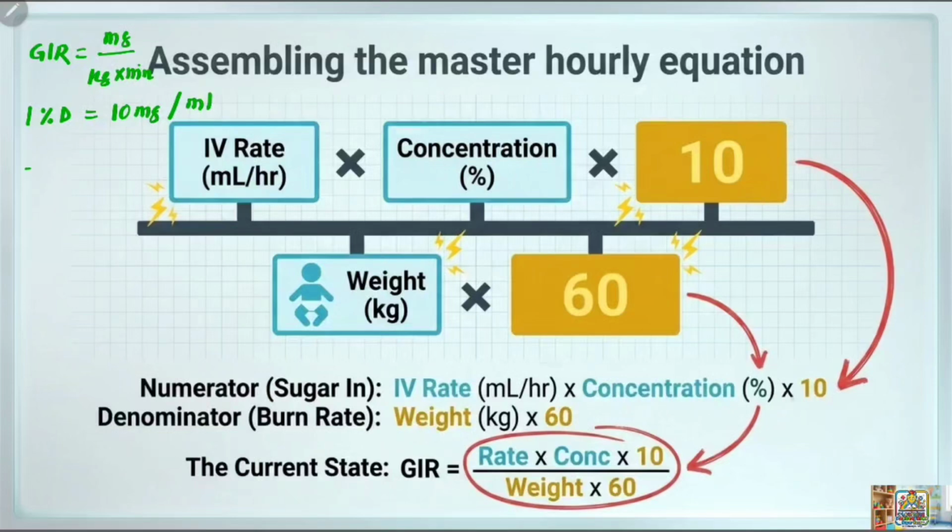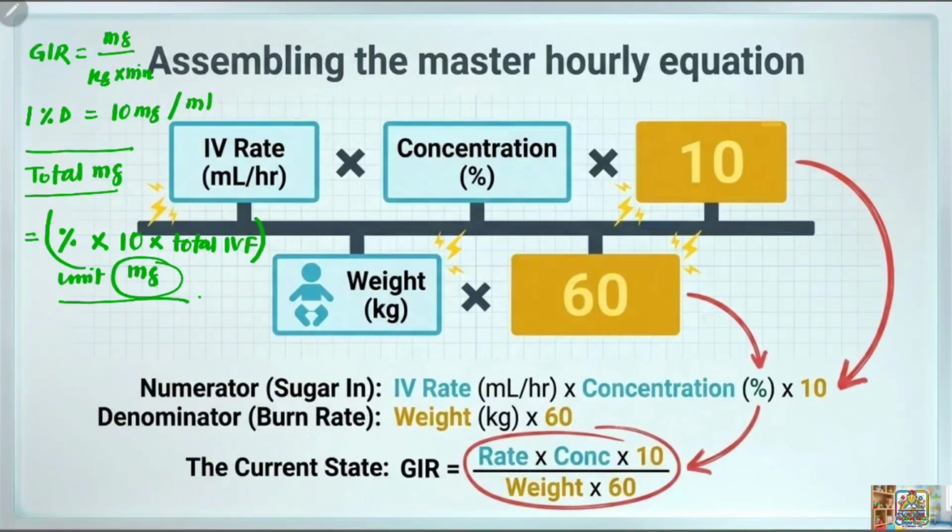So our total milligrams of glucose or dextrose equals percentage of dextrose into 10 into total IV fluid.